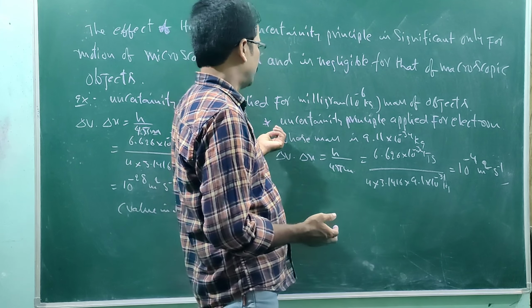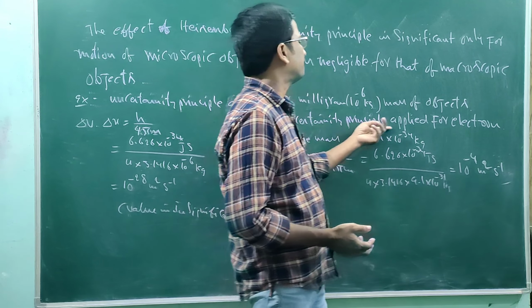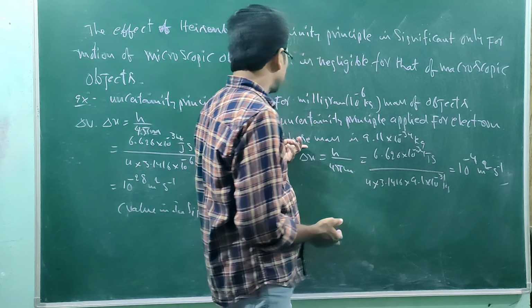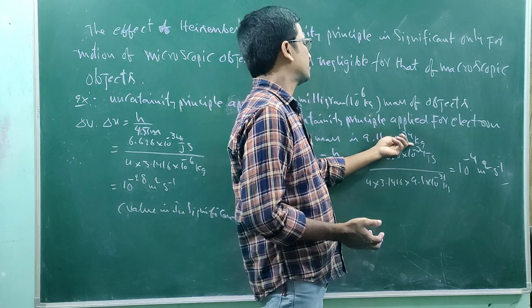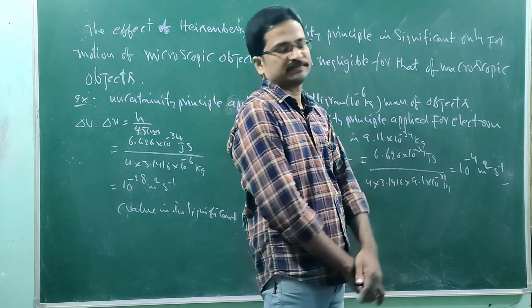Let us focus on this one. The uncertainty principle applied for an electron whose mass is 9.11 into 10 to the power of minus 31 kg.